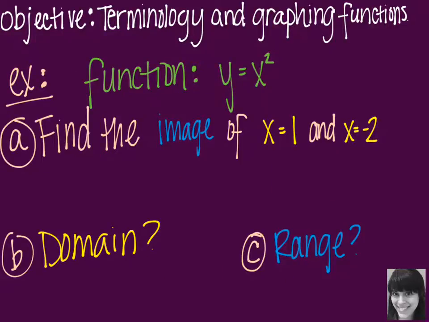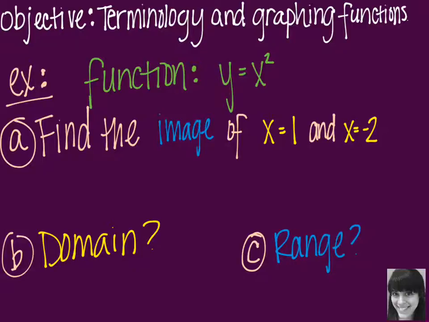In your book, it'll say, what is the image of x equals 1? So my input would be 1. The image would be the output once it goes through the function. For example, we're given the function y equals x squared, and the problem would be find the image of x equals 1 and x equals negative 2. All it's asking for is the output when x equals 1. So let's do this really quickly.